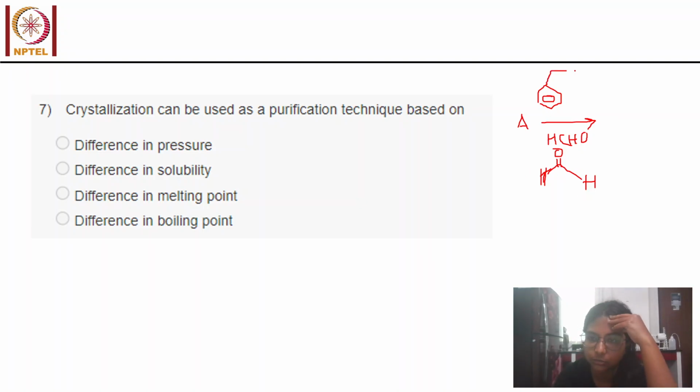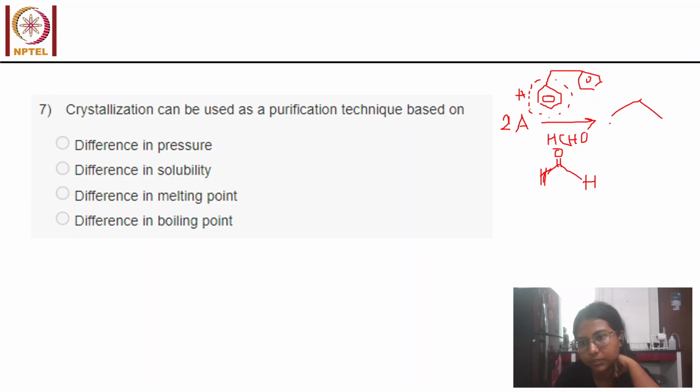So you can use a CH2 bridge here. Suppose you have used 2 moles of A, where this part is your A and this part is your A, and you have bridged it using formaldehyde to get a bridged compound, basically with A here and A here.